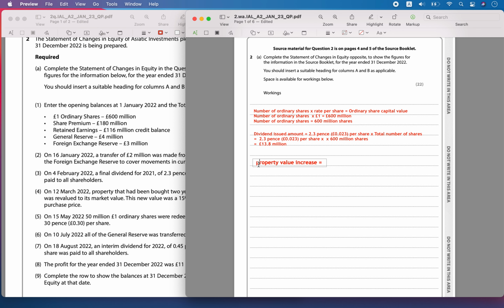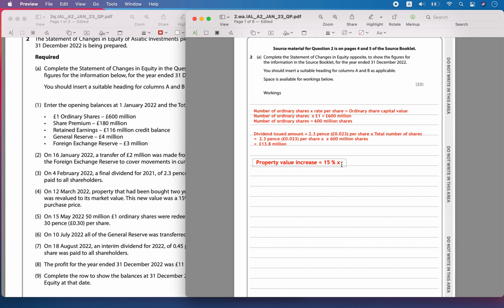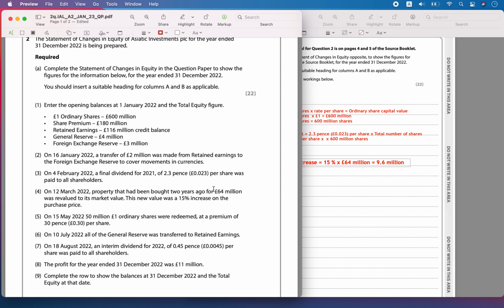So that is equal to 15% of 64 million, which is equal to 9.6 million pounds.